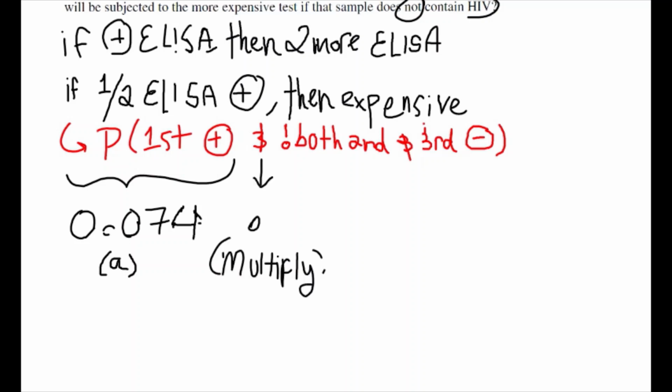Given that the first ELISA is positive, 2 more ELISAs must be done as well, which leads to our AND. For probability, we multiply when using AND, so we must multiply 0.074 by the expressions we find next.